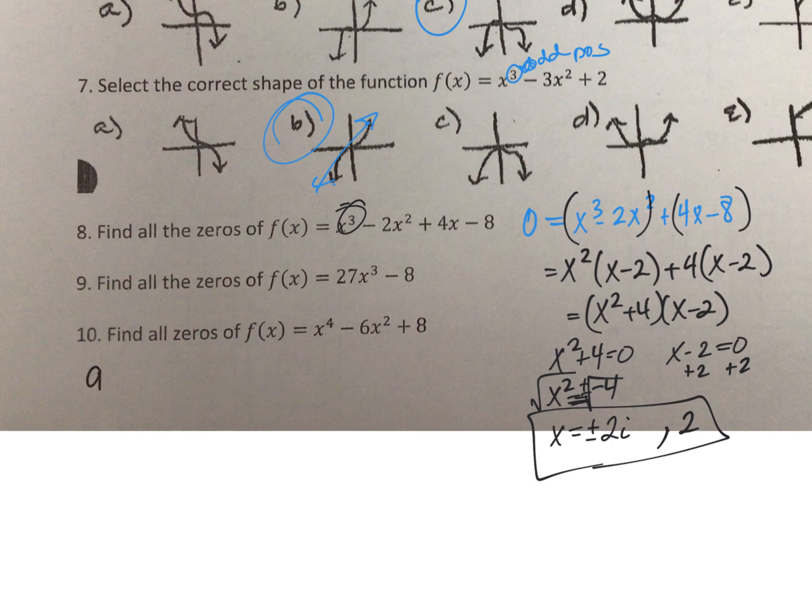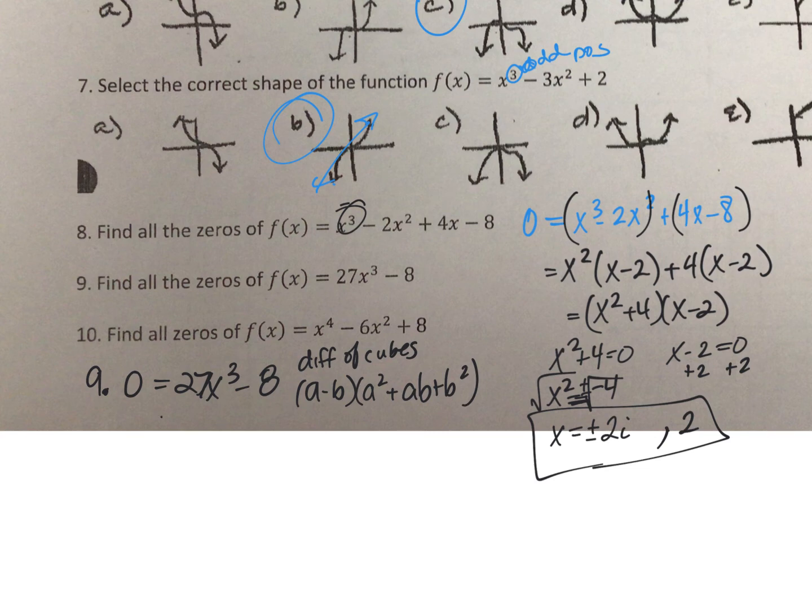Number 9. 0 equals 27x cubed minus 8. What kind of special binomial is this? Right, this is a difference of cubes. So it's a minus b, times a squared plus ab plus b squared. And my a is 3x and my b is what? 2. Okay, I don't need to bring in the negative if I'm using the difference pattern.